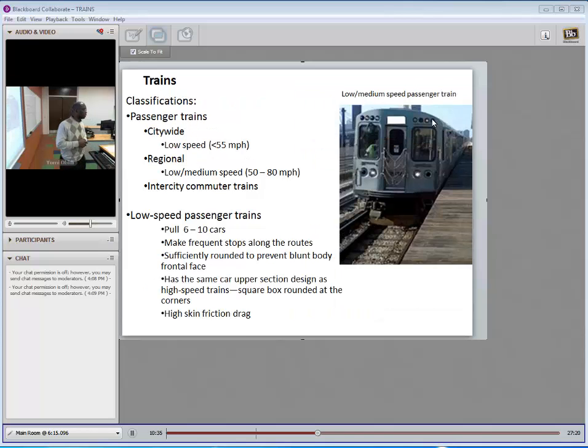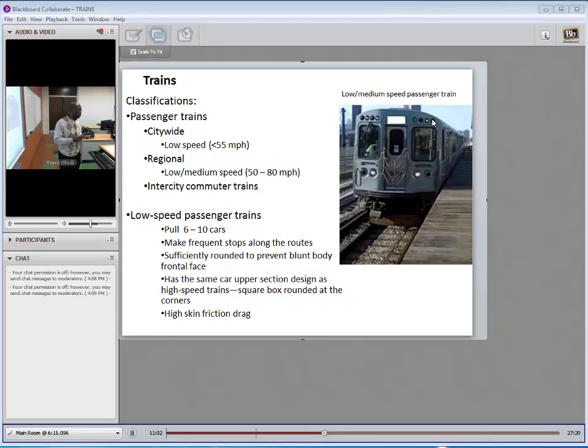We will classify trains as passenger trains and cargo trains. We've already indicated before that they either carry passengers or they carry luggage. So when we look at the passenger train, there are three main forms.